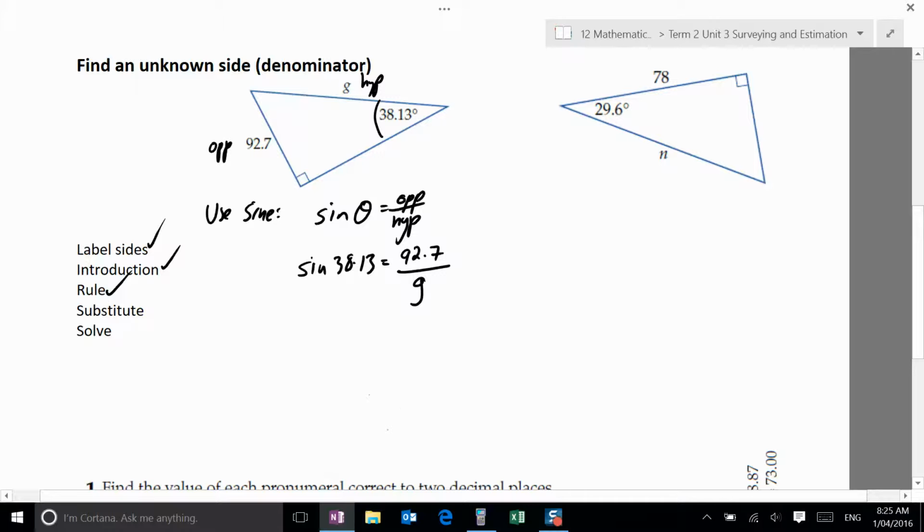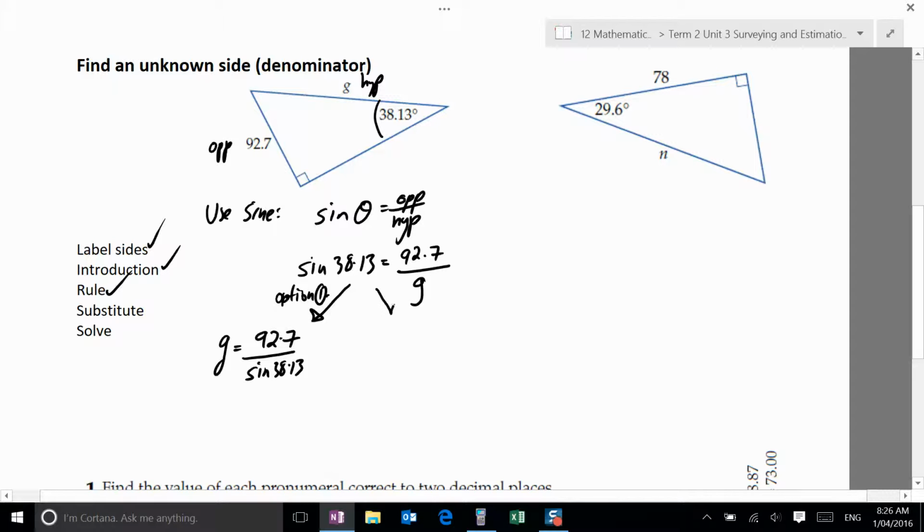You get two options from here. I'm happy with you just switching these two, doing the old switcheroo. g equals 92.7 on sine 38.13. Plug it in your calculator. So that's option 1.